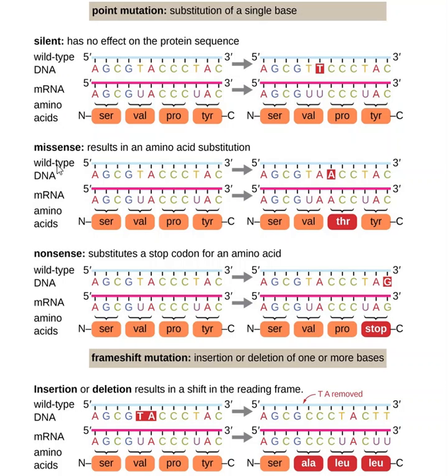Again, silent mutations, missense mutations, and nonsense mutations. As its name implies, a silent mutation is, quote, silent in the sense that it doesn't have a change on the amino acid composition of the protein. In this particular case, when they say they're showing the wild type DNA, they're showing the non-template strand.